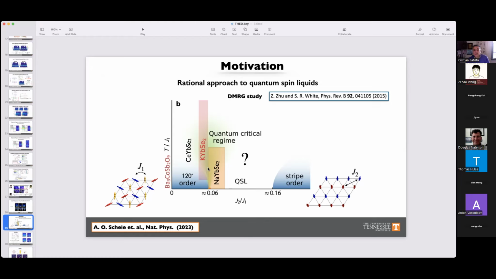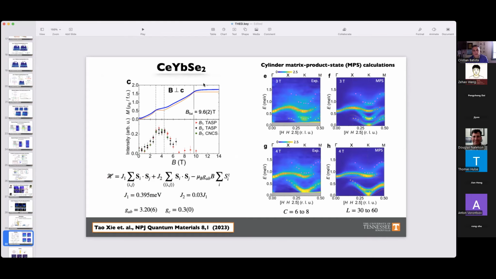So the idea is, for all of these materials that exhibit strong quantum fluctuations at zero field, we still want to extract a Hamiltonian, and one way of doing that is to apply a magnetic field and go to the plateau phase, if we can, or even above the saturation field, and fit in that region. That's what this group from PSI did for one of the materials, the cesium compound.